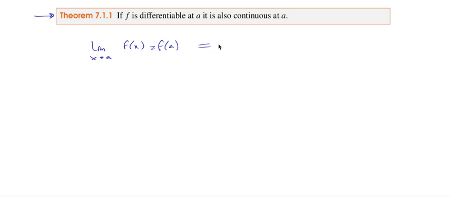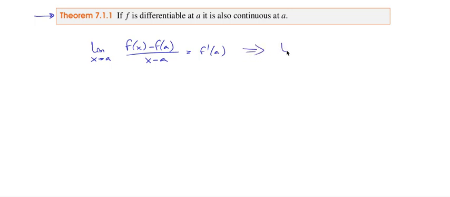If f is differentiable at a, that means that the limit when x goes to a of f of x minus f of a divided by x minus a exists. Let's call it f prime at a. This exists, and we need to prove that this implies that this limit exists and is equal to f of a.